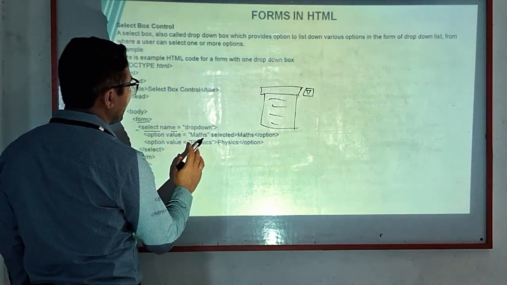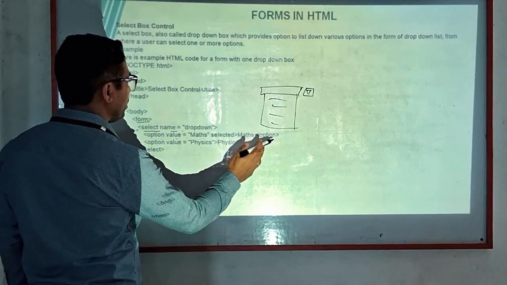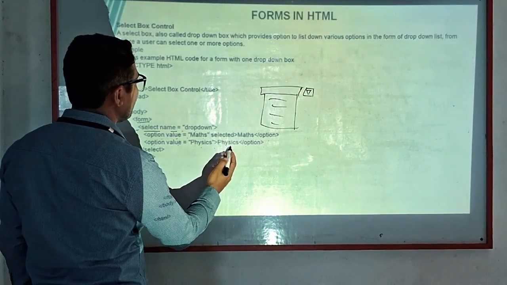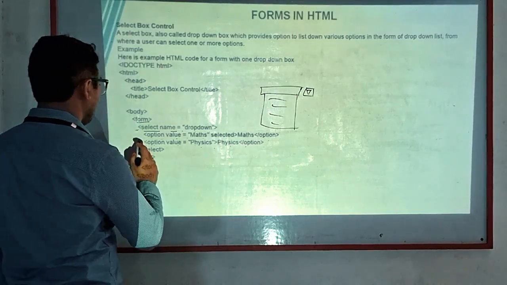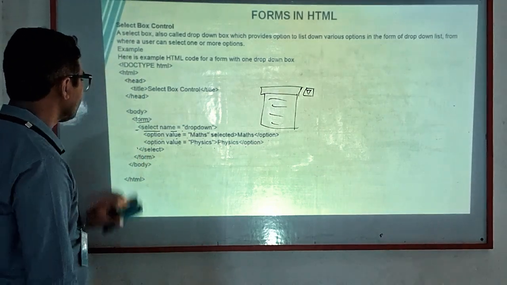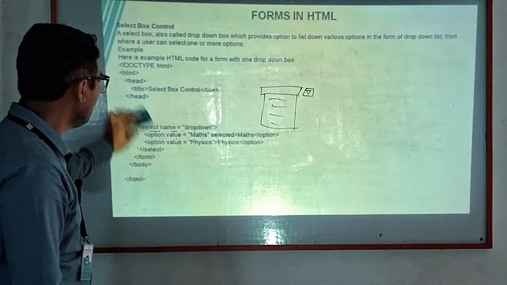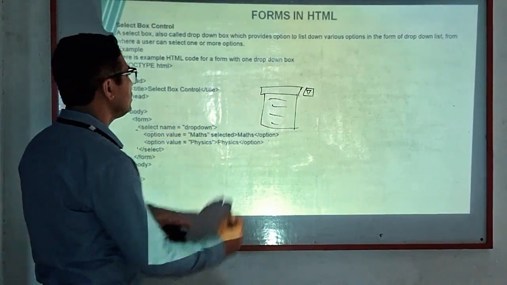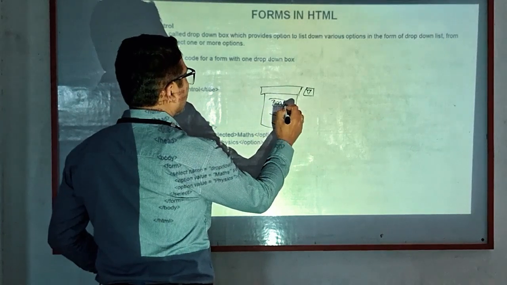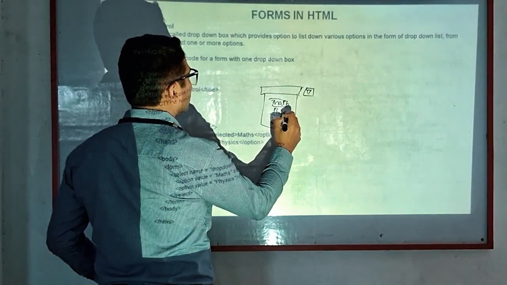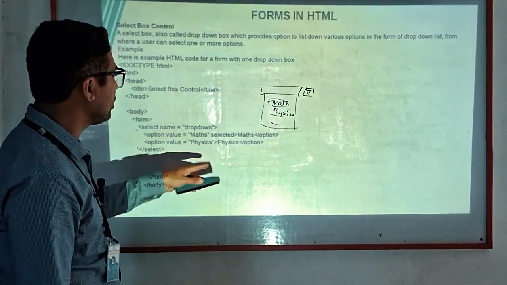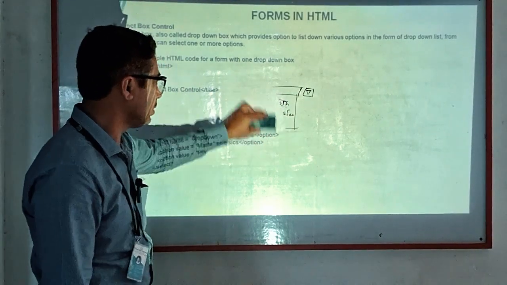Option value is equal to maths selected, option close. Option value is equal to physics, and option close, and select closed. So in this way you can add a drop down menu. This will have two options, maths and physics. Maths will be already selected. If you want to change, you can select physics and see how it works.